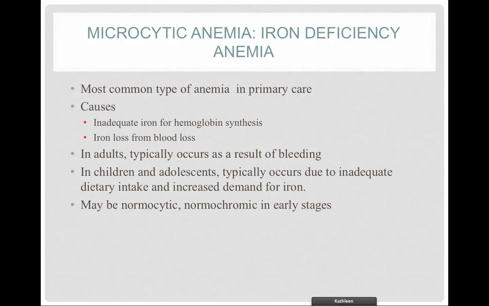The most common type of anemia in primary care is iron deficiency anemia. So basically the pathophysiology is that iron loss exceeds intake, so that stored iron is progressively depleted.